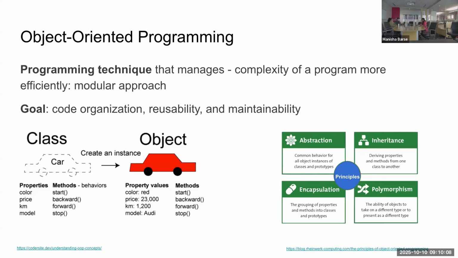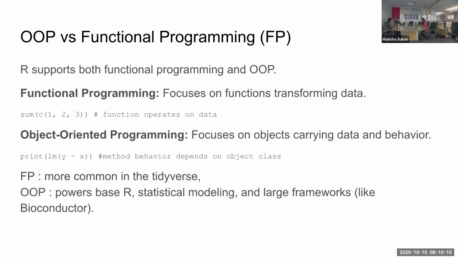Having this background, on object-oriented programming versus functional programming: R supports both of these. Functional programming is where we focus more on functions to transform our data, and object-oriented programming is more of a modular structure that focuses on objects and carries the data and behavior.